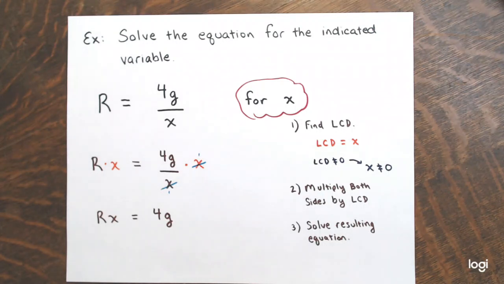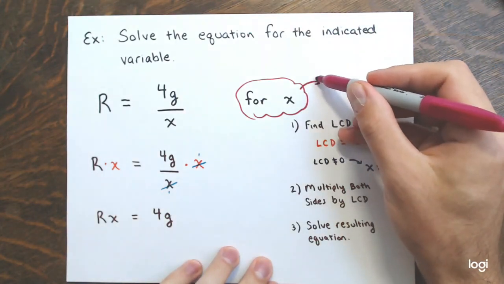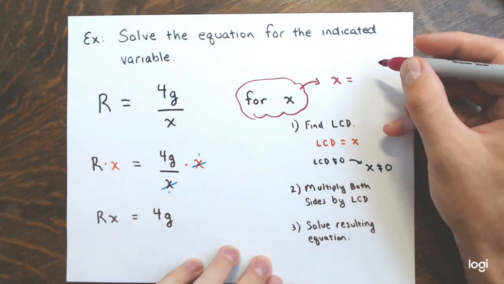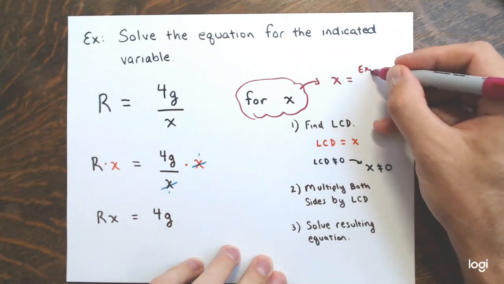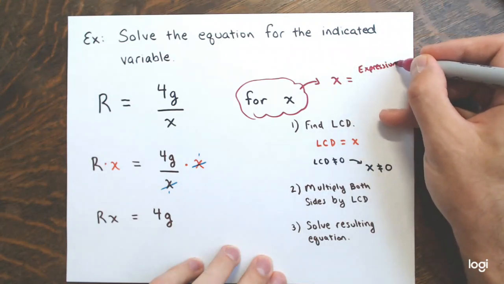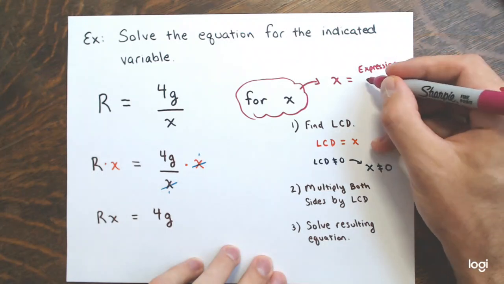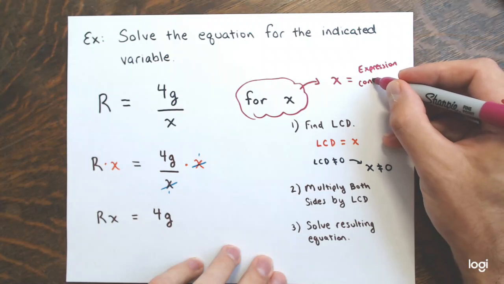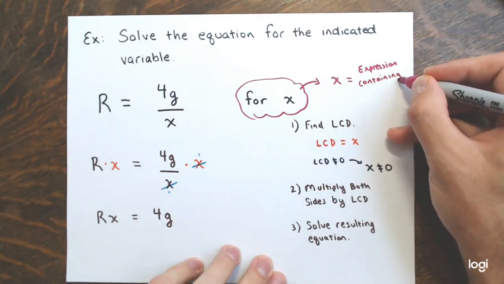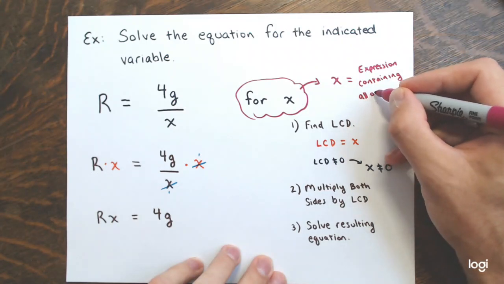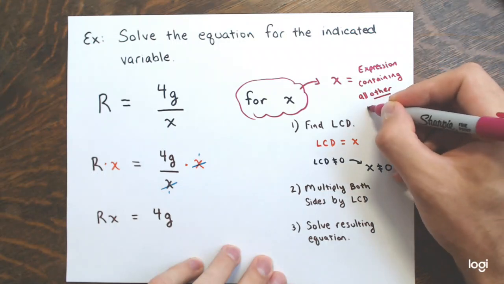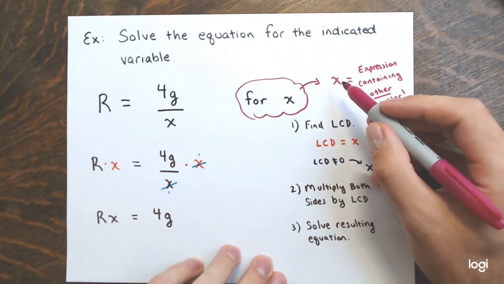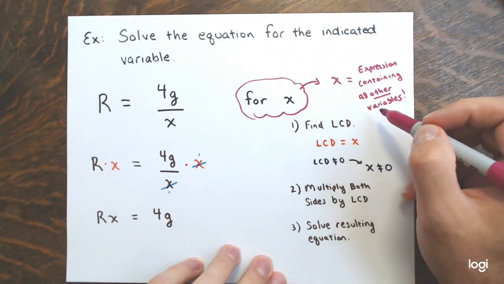So what this means is I want x equals, 1x equals, and then over here an expression on the other side containing all the other variables. So no x over here. x equals some expression that does not contain x.